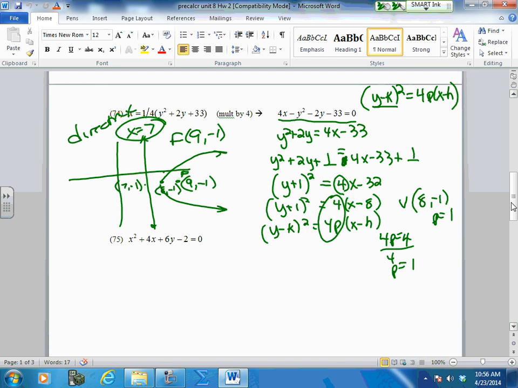Yes? How come the vertex isn't negative 1? Because it goes like this. Circle this part. Negative 8 is equal to negative h. So you have to solve for h. So you're going to divide by negative 1.